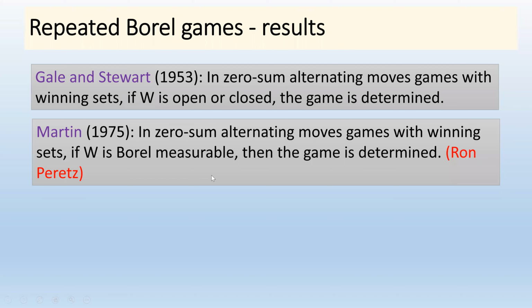Ron also told you about the work of Martin from '75, saying that such games, meaning zero-sum, alternating moves with winning sets, are determined for all winning sets that are Borel measurable. So not necessarily open or closed, anything Borel measurable.